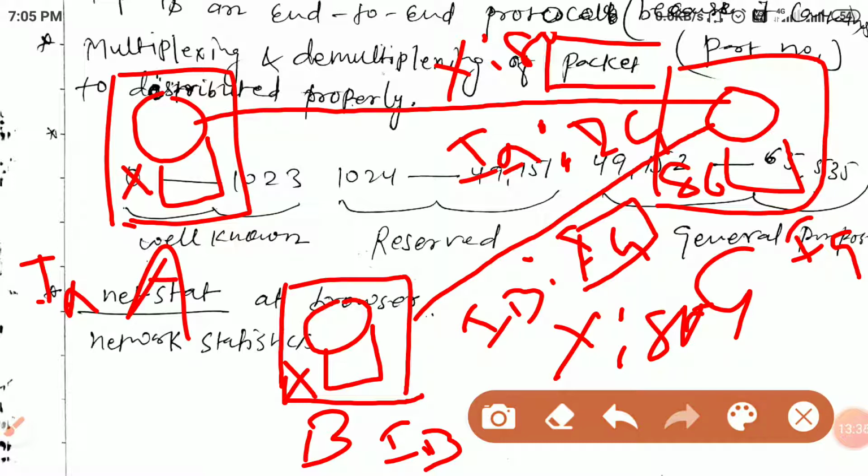Now what happens if within the same host A there is one more process, having port number Y, and it wants to communicate with Google only?